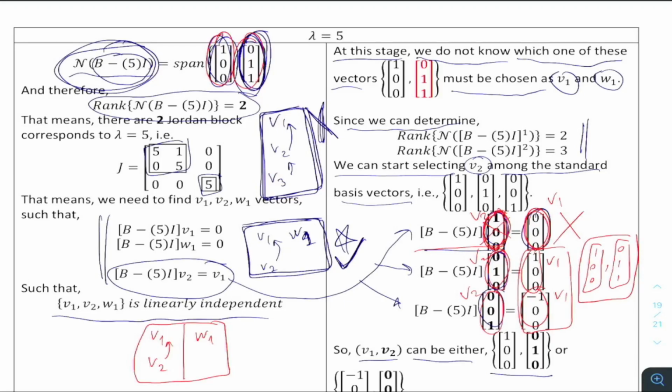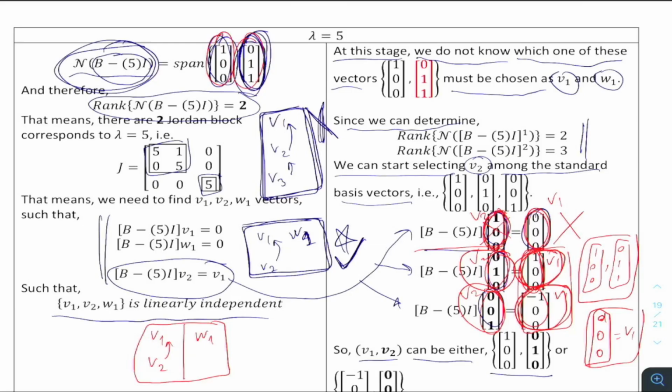And v1 is probably something like a times 1 0 0, because v2 is either this or this. That's why v1 is either plus e1 or minus e1.